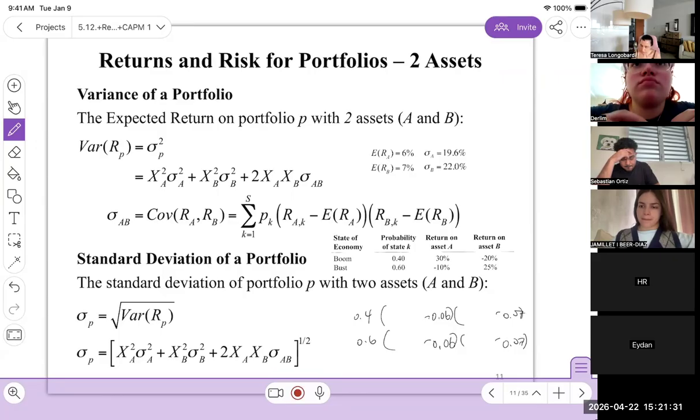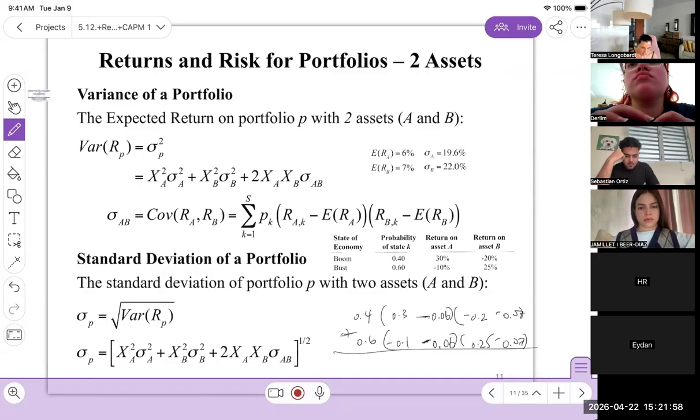And then you put the information for A here, 0.3 minus, oops, and negative 0.1 minus. I already have the minuses in there. And then here for B, negative 0.2 minus and 0.25 minus. Okay, so you're going to multiply those across, store 1 and store 2, and add them up. What do you get?